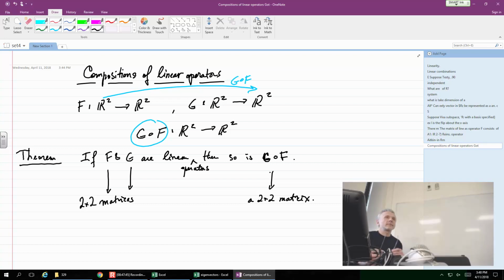Determinant? No. Do you multiply the G matrix times the F matrix? Yes. That's the thing about linear operators and their matrices. To compose two linear operators, all we have to do is multiply their matrices. So this is G times F: matrix multiplication.